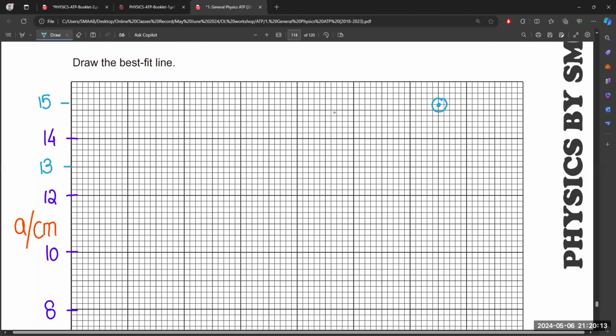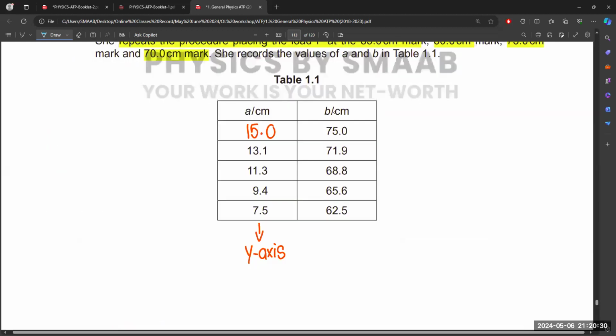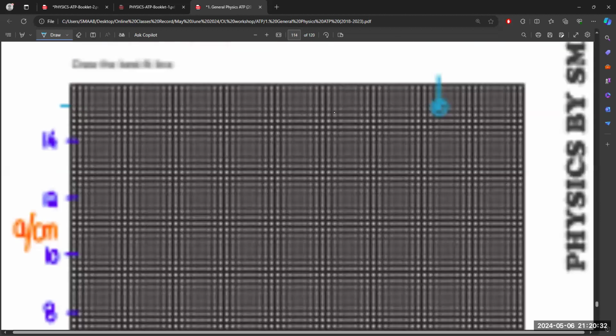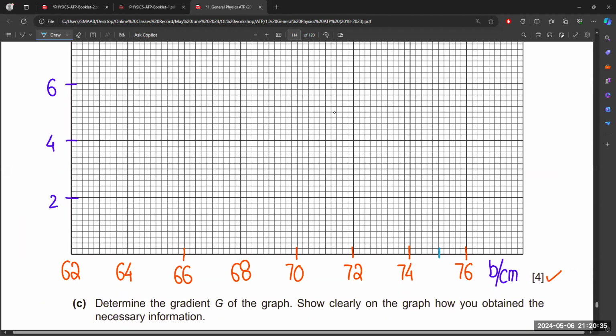So this will be in between over here. And on the other axis, we have 71.9. So 71, this is 71. And again, in between, we get 71.9.